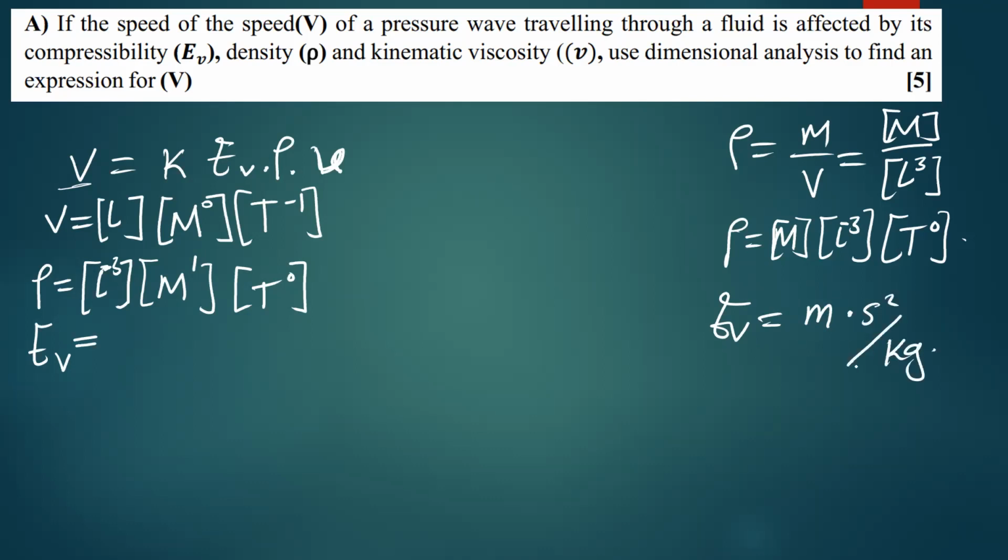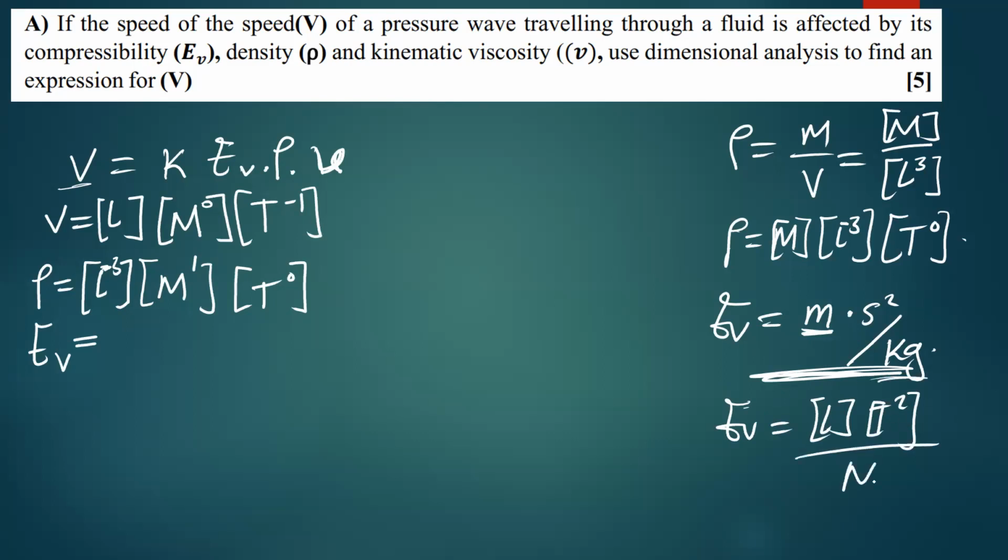Yeah, these are the units for compressibility. So what this means is that our dimensions will be L for the length, and then time, this will be t to the power 2, and then we have per kg. Kg is the mass, so we have M down there. So we can have M to the power -1 there. Yeah, so these are the dimensions for compressibility.